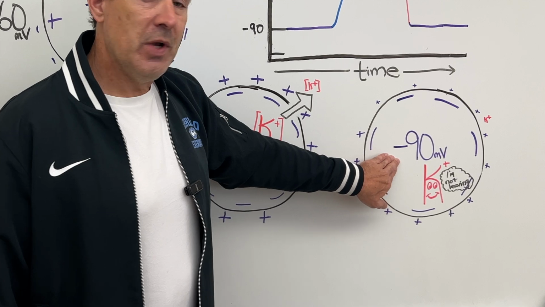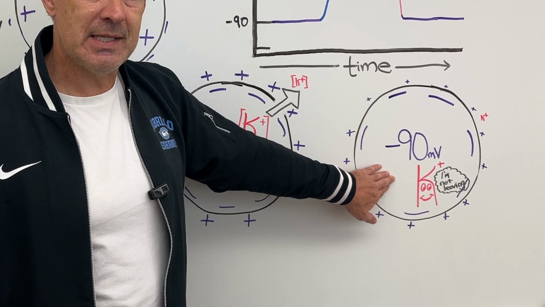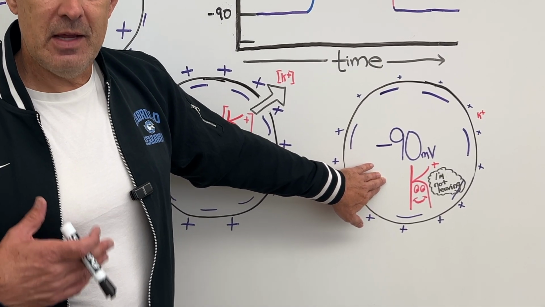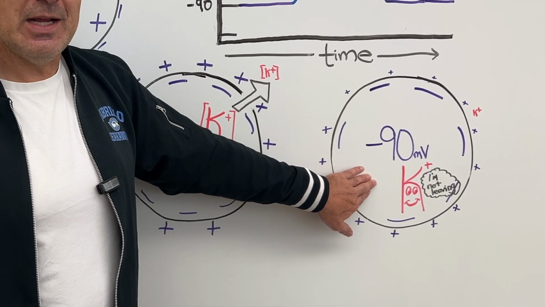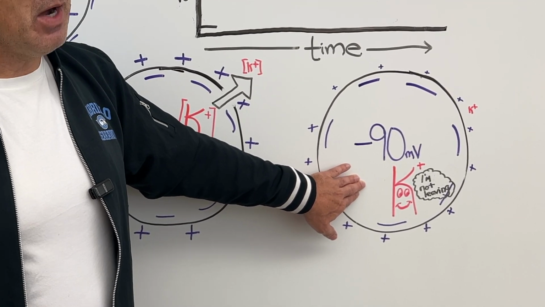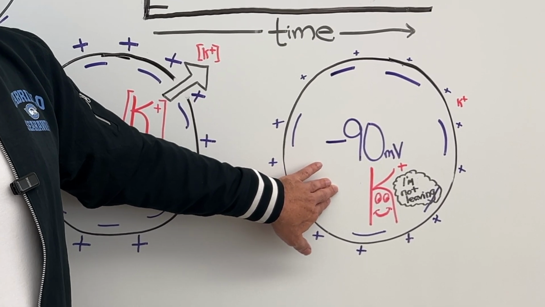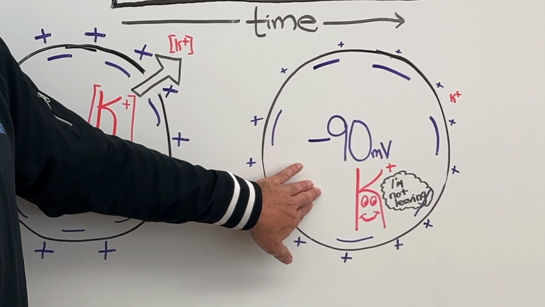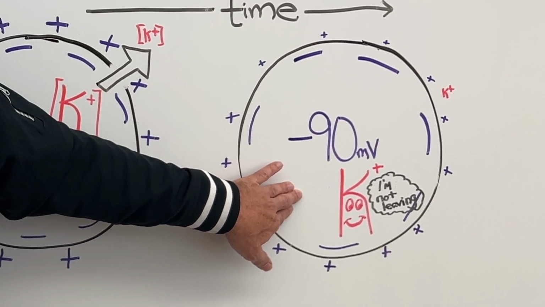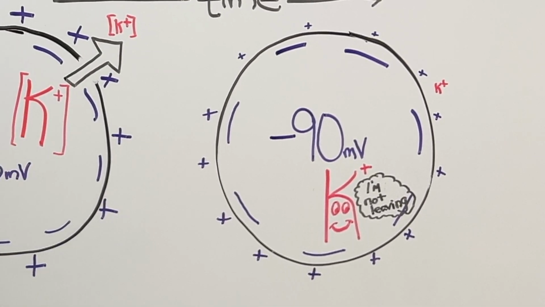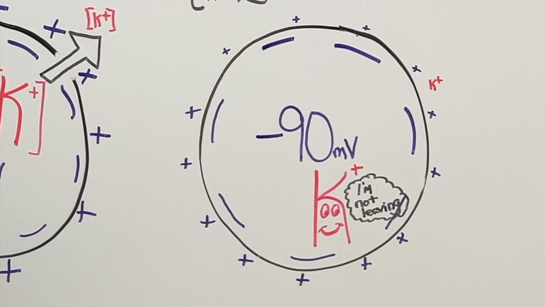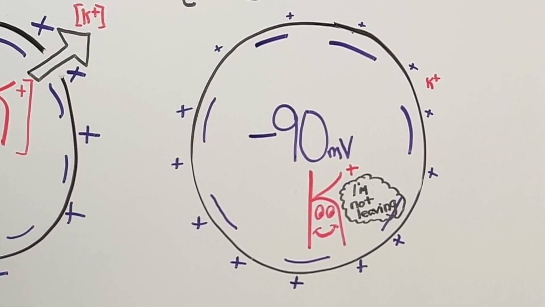It's so negative in here, potassium decides that it would much rather stay in the cell. Now, as I'm talking about this, we should not give ions or molecules any ability to think or have intent, and I realize that's how I'm talking, but please keep in mind I am just anthropomorphizing this whole process.